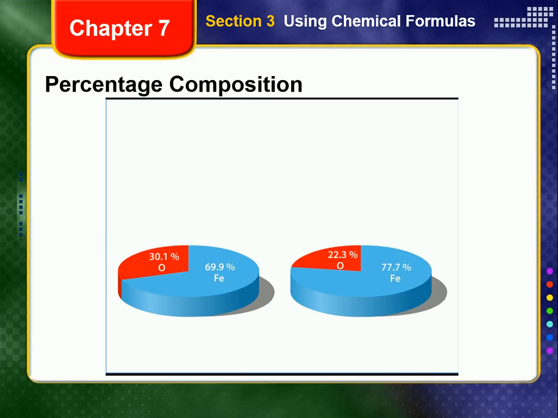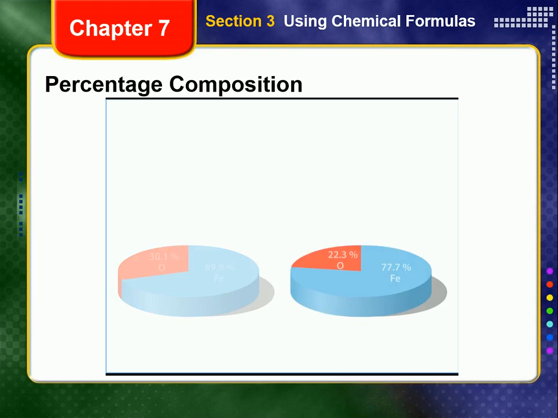The percentage composition of a compound is the percentage by mass of each element in that compound. Iron, for example, forms 2 binary compounds with oxygen. The percentage composition of one is 30.1% oxygen and 69.9% iron.